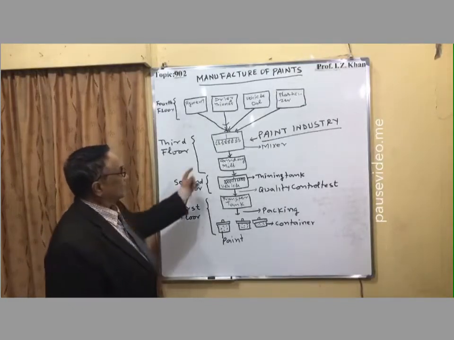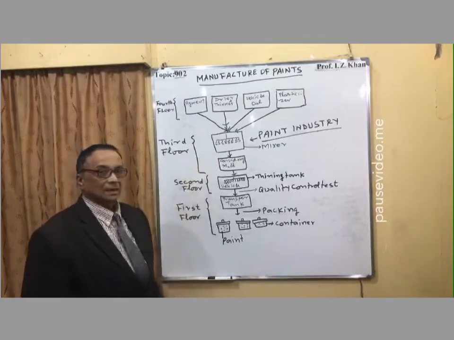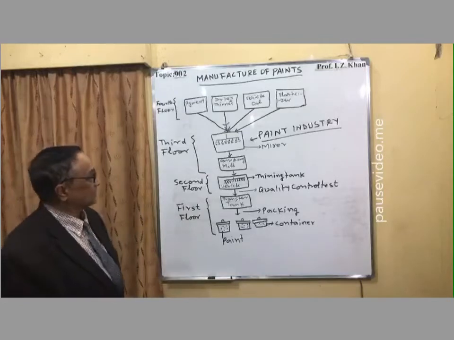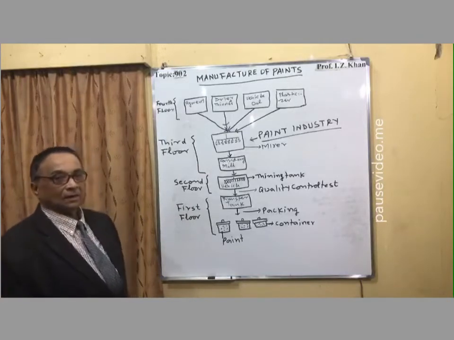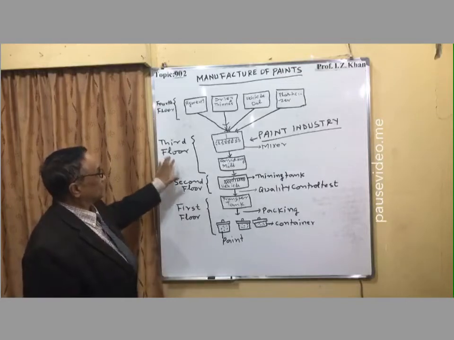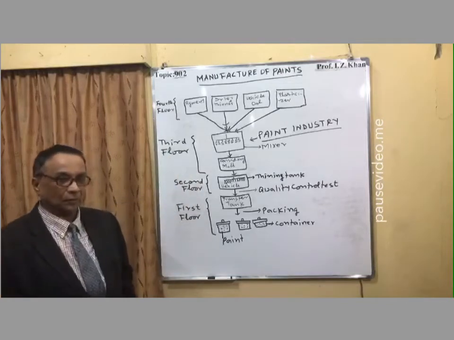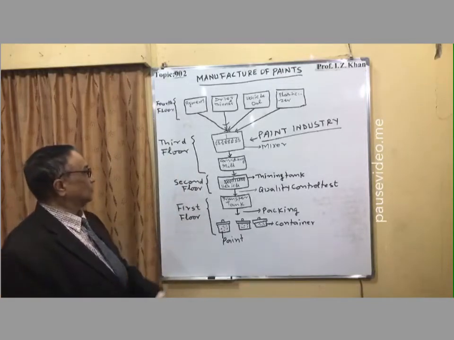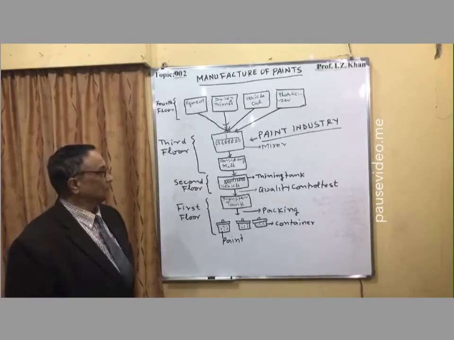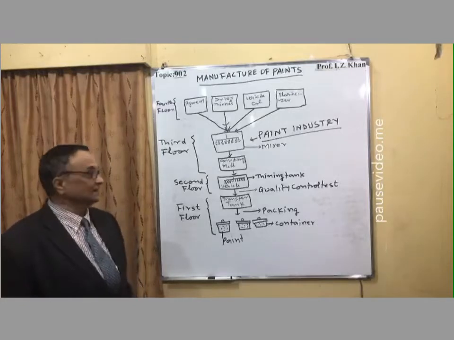Then it is transferred to the grinding mill, and in that grinding mill the milling will take place and there will be very fine grinding. That work is done up to the third floor. Then it is shifted to the second floor. At the second floor there will be a big tank, that is called the thinning tank.